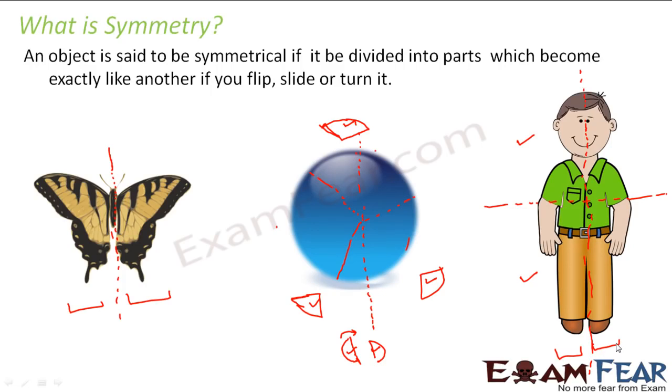Yes, they are. So any object will be symmetrical about a specific axis. It is not that it can be identical anyways. There has to be an axis along which if you divide that object into two or more parts, those parts should be identical to one another. Then we say that that object is symmetrical.